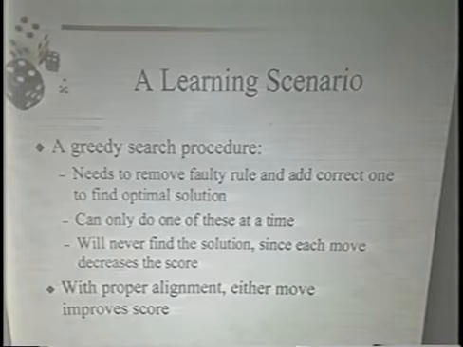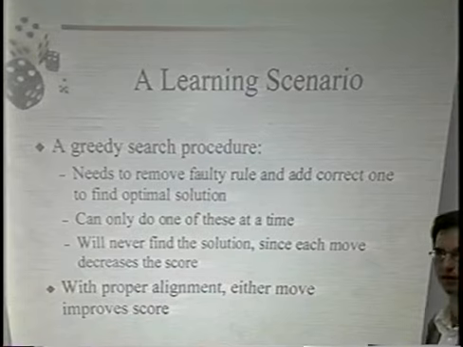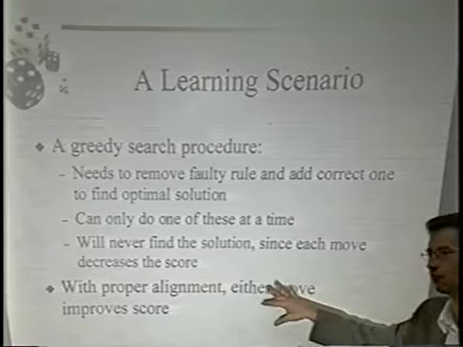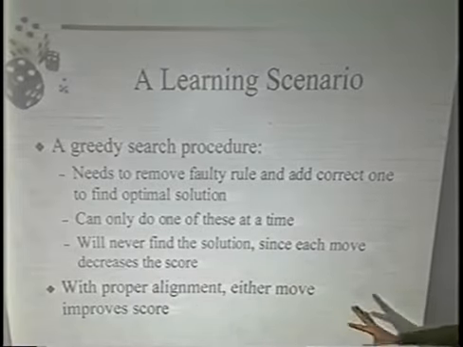Because either thing that you do first, the F-score is going to tell you that your performance went down, and you're not going to accept that permutation. So essentially, the key point here is that if the alignment was done correctly, none of these things would happen. Either move that the learning algorithm could make would improve the score, right?